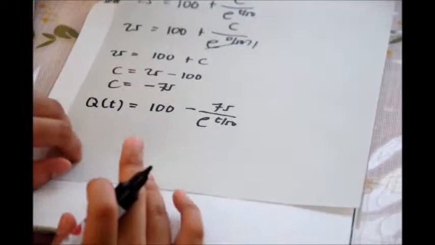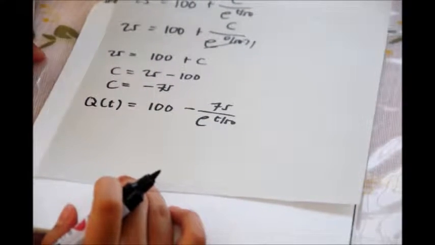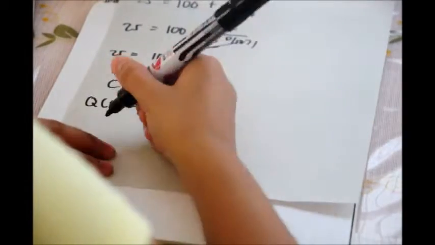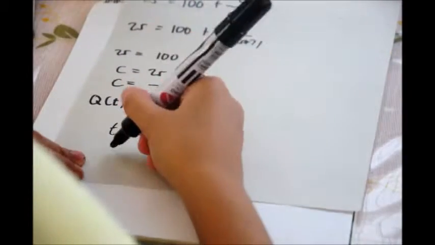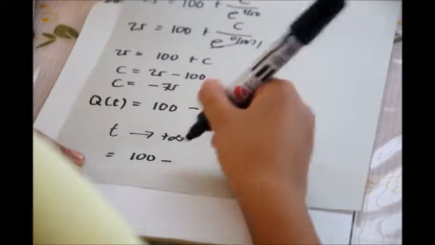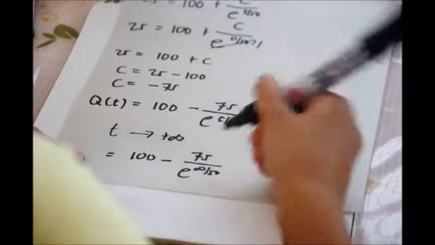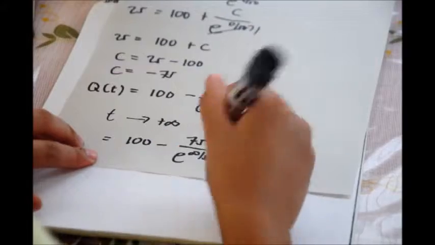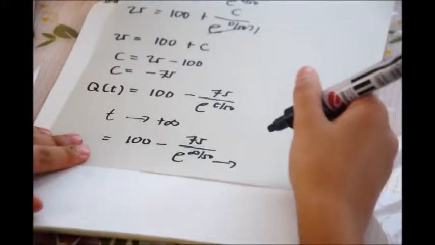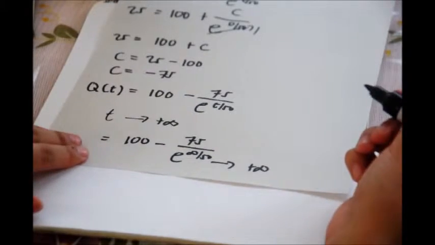Now, for the first question, what is the limiting value approached by the amount of salt in the tank as t increases indefinitely? When we say that t increases indefinitely, t approaches positive infinity. So substituting it, it becomes 100 minus 75 over e to the infinity over 50. Infinity over 50 is equal to positive infinity. Well, that's based on our Math 61, right?